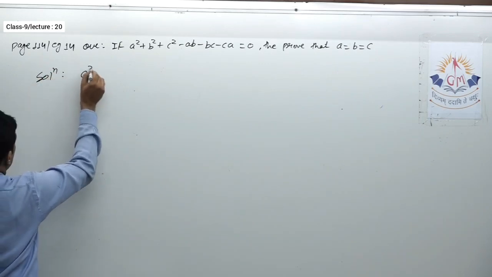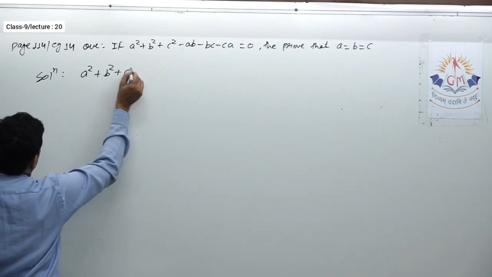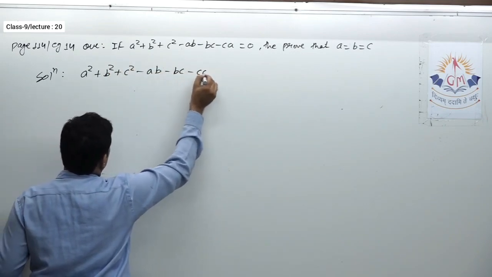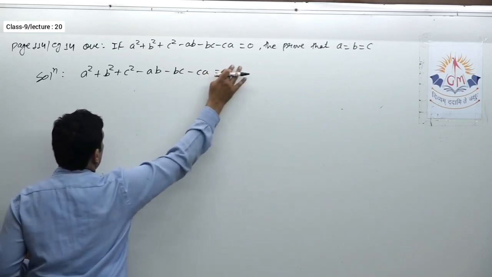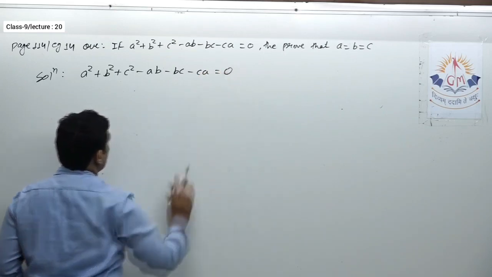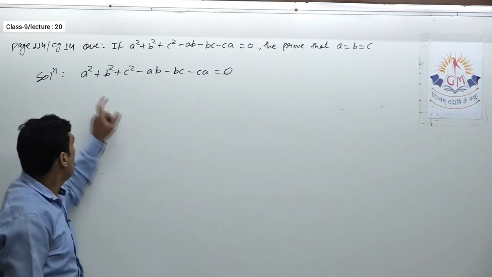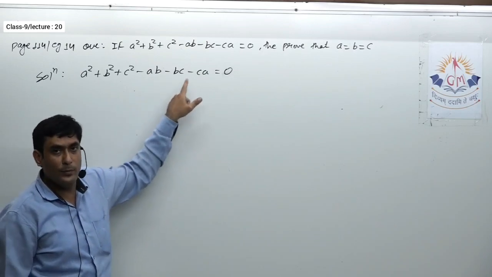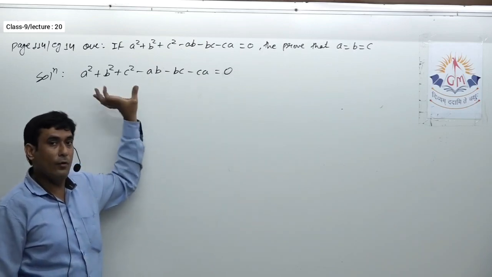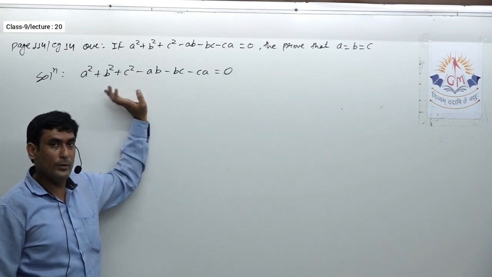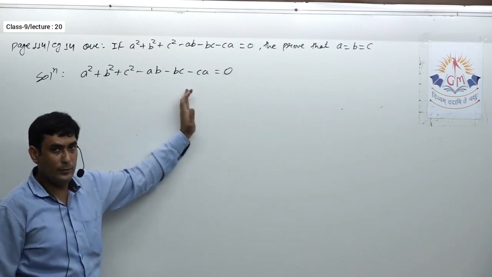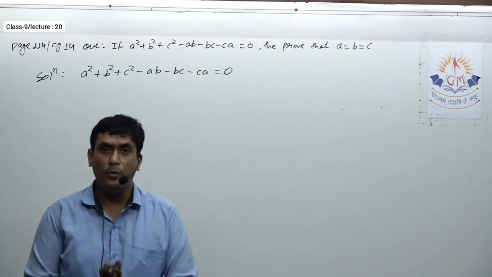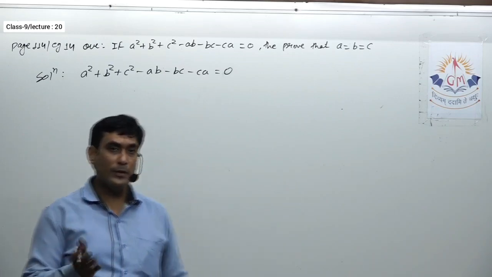See, here we have a square plus b square plus c square minus ab minus bc minus ca equal to 0. If you remember the expression that was given in the previous question, it was 2a square, 2b square, 2c square minus 2ab minus 2bc minus 2ca. And we also know it is possible to write that as a minus b whole square plus b minus c whole square plus c minus a whole square.